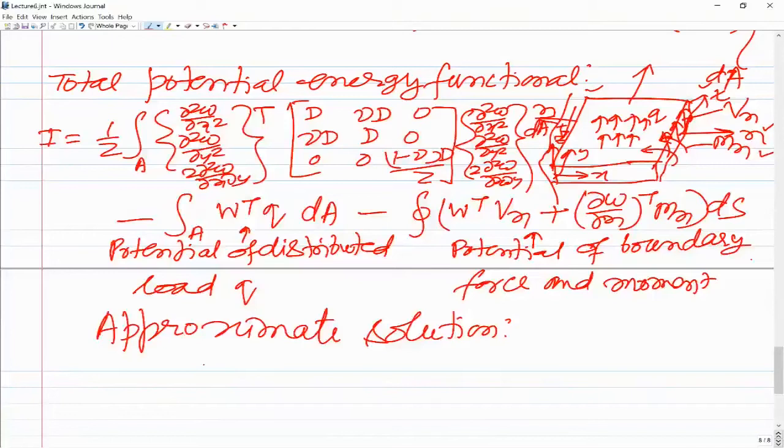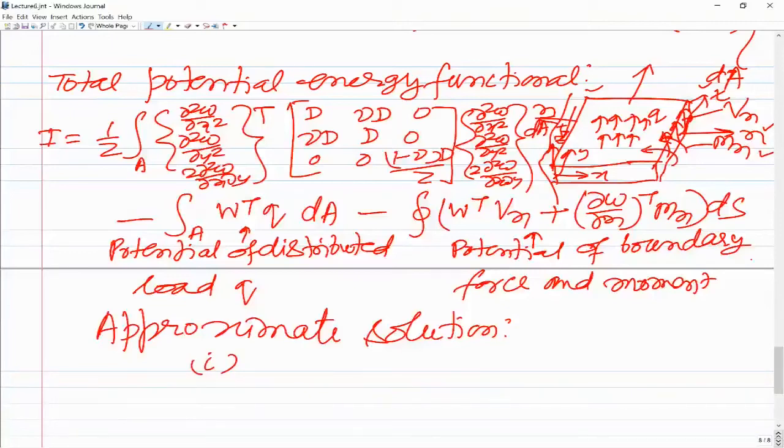In this integral functional, the variable is only w, so we will be assuming an approximate solution for w. The highest order derivative of w is the second derivative with respect to x and y, and the cross derivative. One requirement for the approximate solution is that it should be differentiable up to the highest order derivative present in the integral functional.